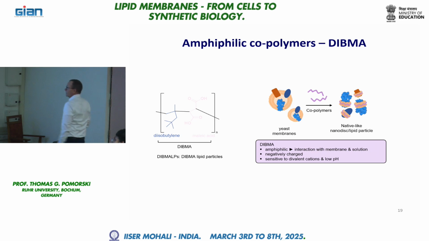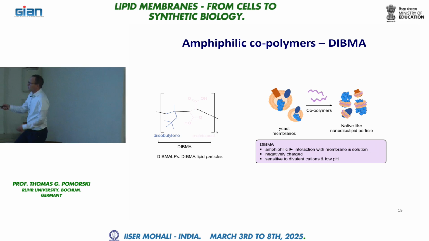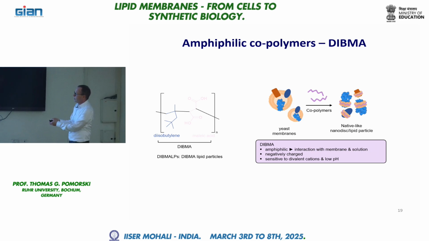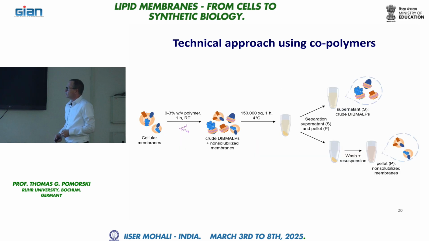Okay. And you see here it's a bit weak with the actual illustration. You have again a hydrophobic part and hydrophilic part, and it's important that these polymers can interact with the hydrophobic part of the lipids, and interact with the water phase. So what can you do?